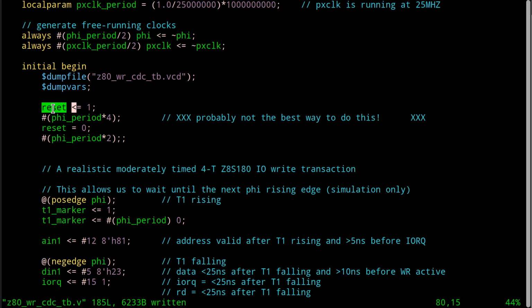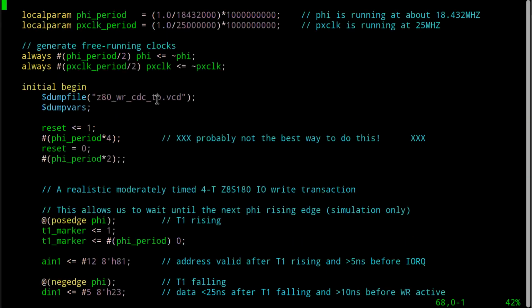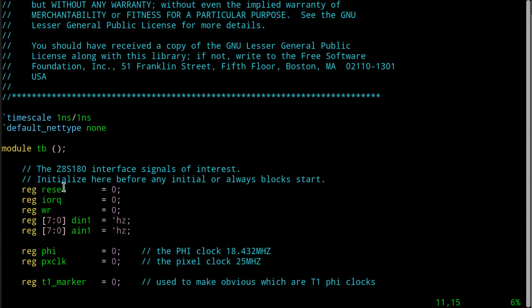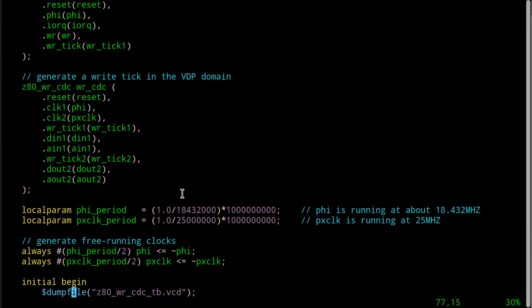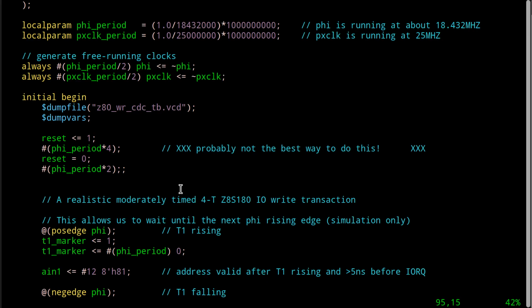This guarantees that every single initial and always block that wakes up and decides to execute code at time step 0 will see the reset signal with this value up here, which is 0, which is 100% consistent no matter what happens in the random startup of all your blocks.